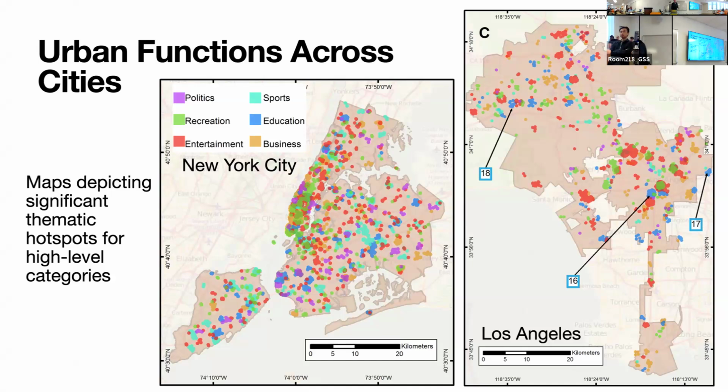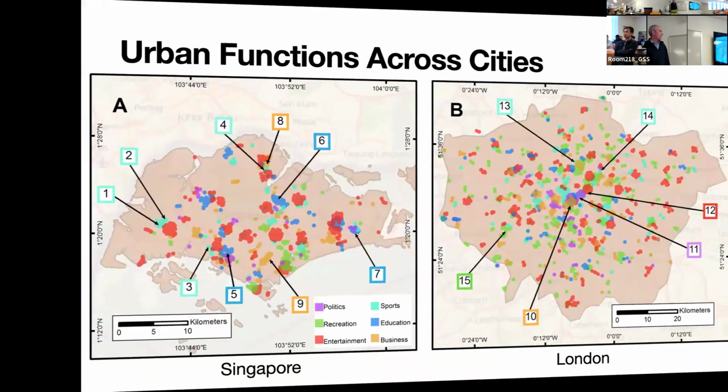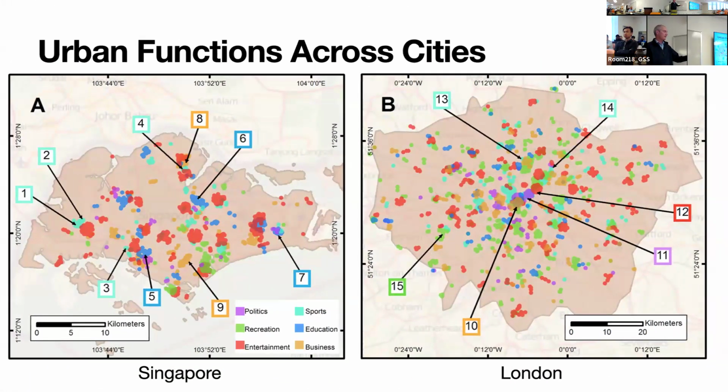And you can detect different functional aspects in social media posts. We can do it for other countries like Singapore, London. And the method works. Again, caveat here, this is all in English because I'm terrible. I'm not very good at any other language but English. And when I first came to America, students said I didn't speak very good English.